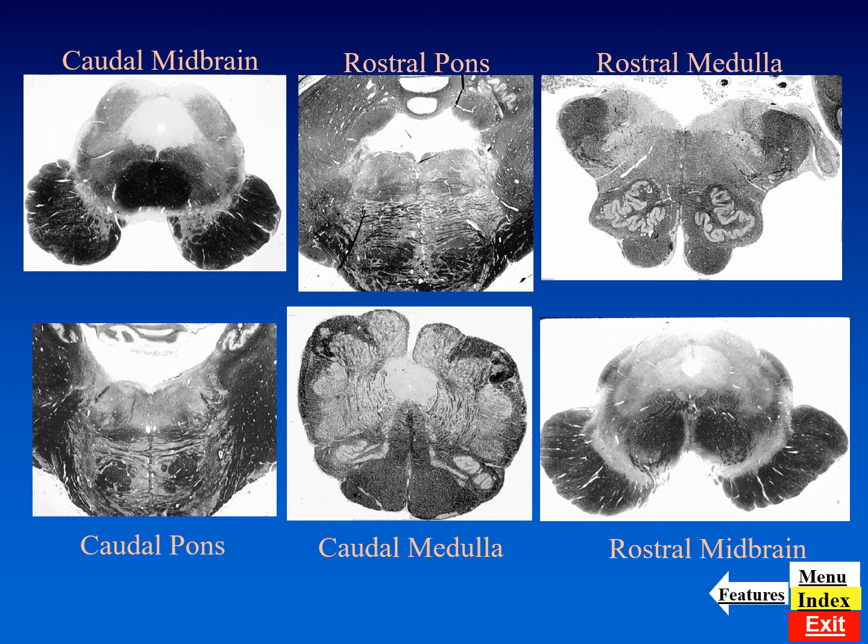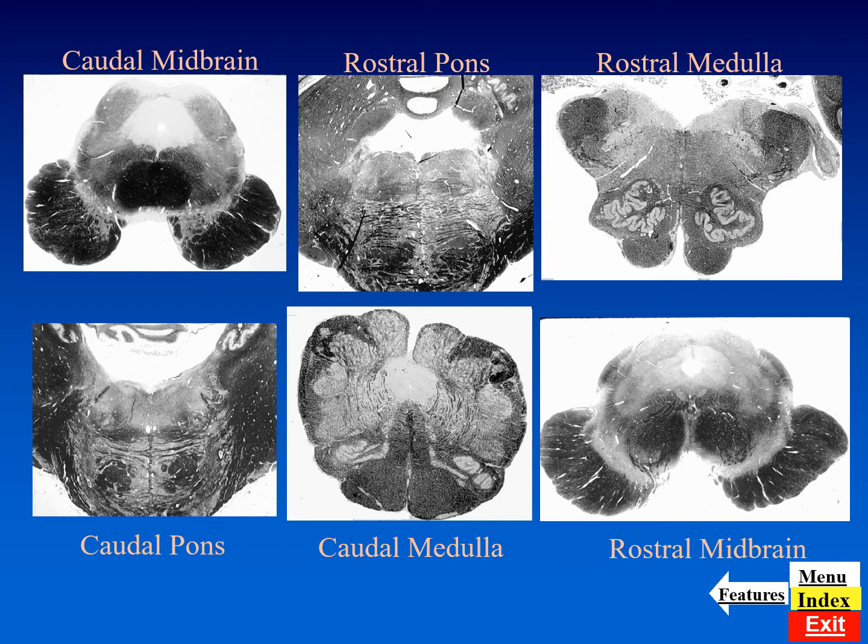Just to review some main features here, the caudal and rostral midbrain levels. First of all, you can identify them as midbrain levels because they have a crus cerebri, substantia nigra, and cerebral aqueduct and periaqueductal gray.